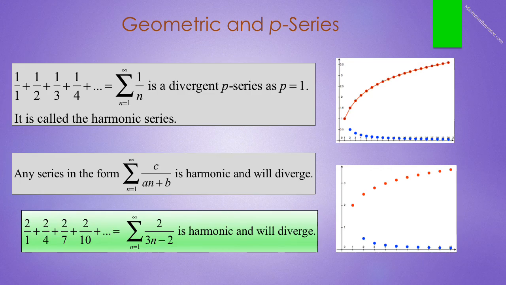However, if you realize that this is in the form of a harmonic series, c over an plus b, where c is 2, a is 3, and b is -2, this is the harmonic series and will always diverge.